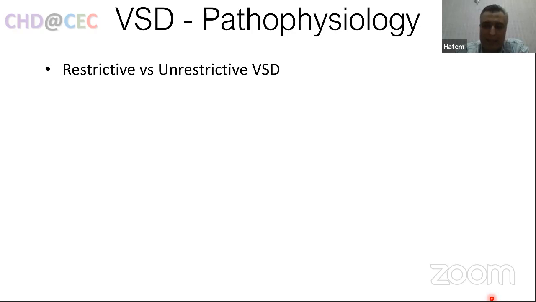So for a VSD to be restrictive, it has to restrict blood flow from the left ventricle into the right ventricle so that the left ventricular pressure will stay significantly higher than the right ventricular pressure.